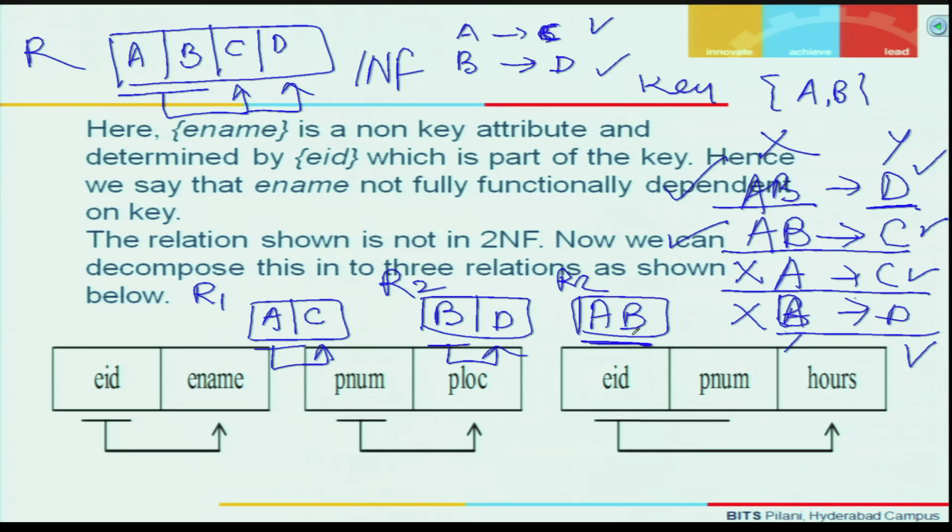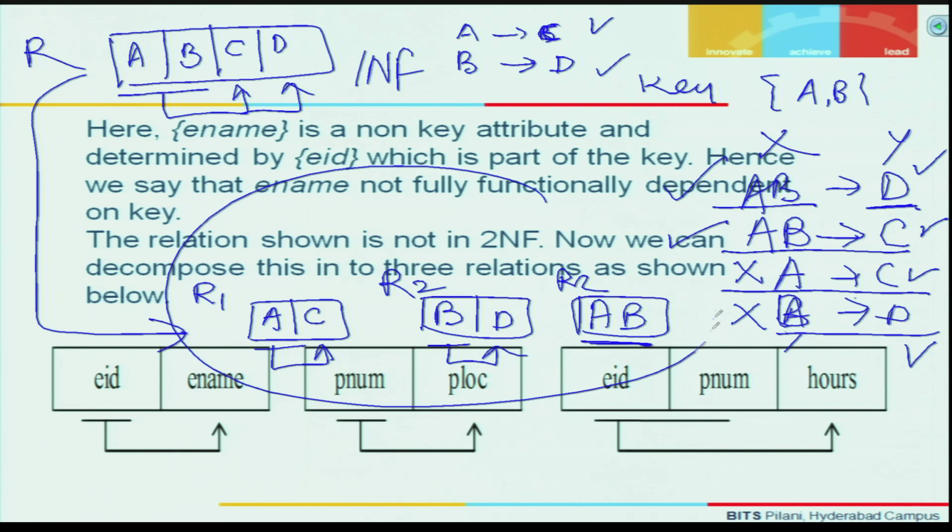If you individually look at these relations, they are definitely in second normal form. Initially I had only one relation, after decomposition I have 3 relations. Since the highest normal form satisfied by all the component relations of this database is second normal form, the database is in second normal form.